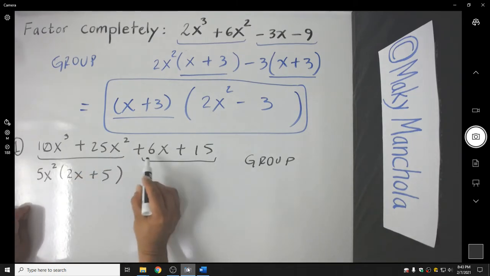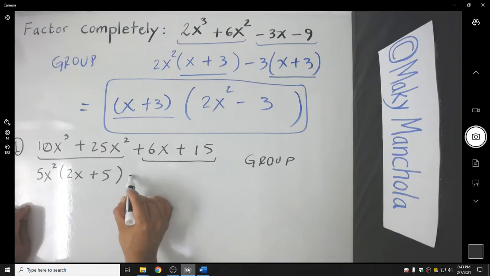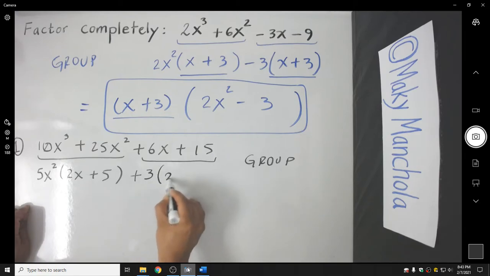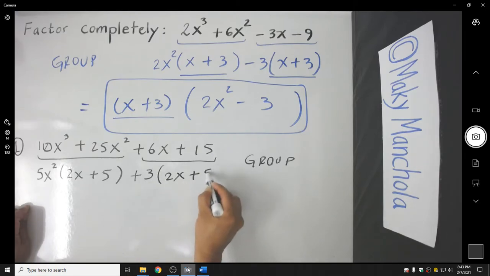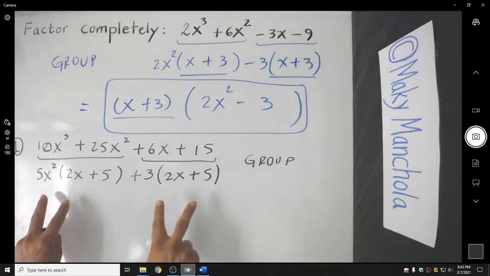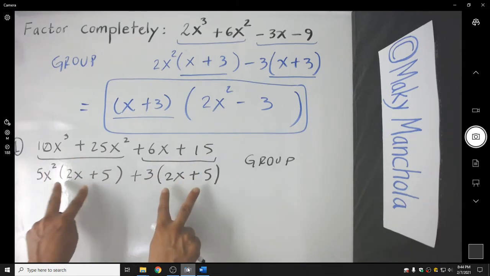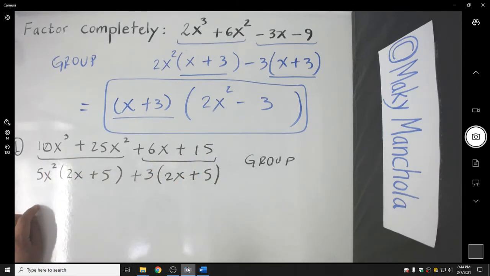In our second group, we are able to factor 3. The greatest common factor of the second group is 3. So we end up with 3 times 2x plus 5. Let's observe that after we factor each of the groups, we create a common factor. That is the key of this method. After you group, you're looking for a common factor.